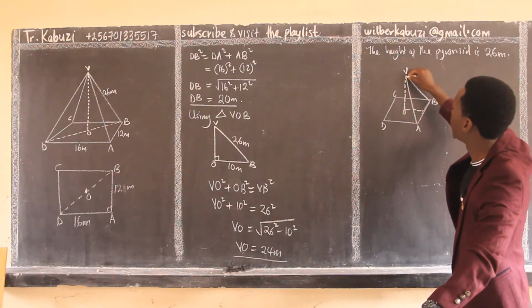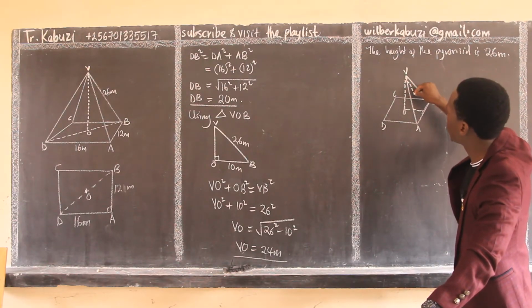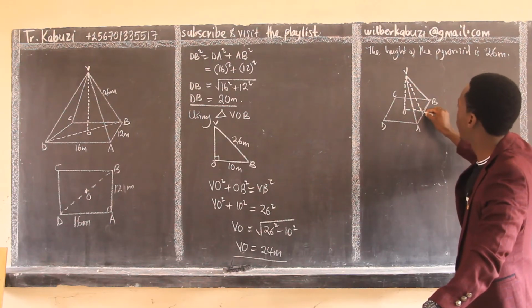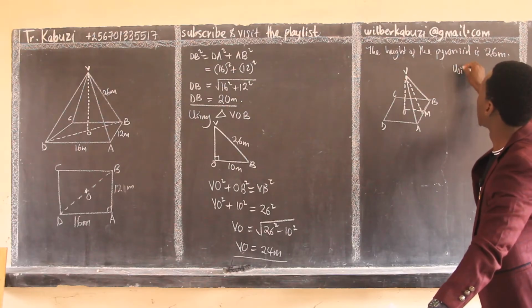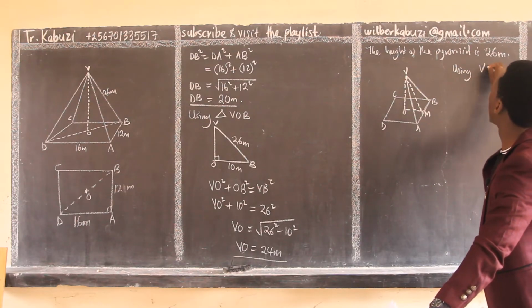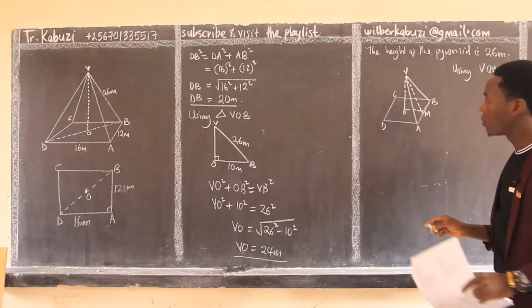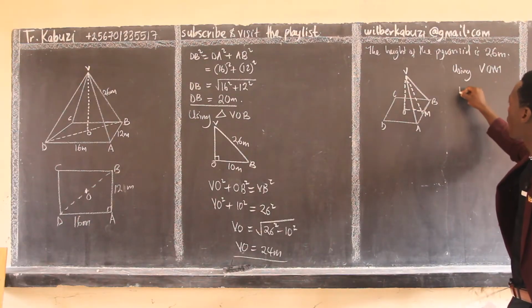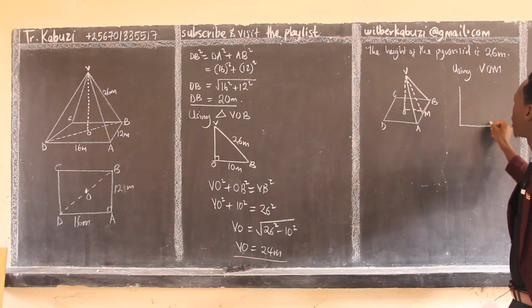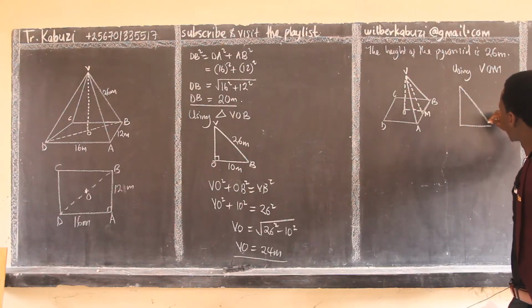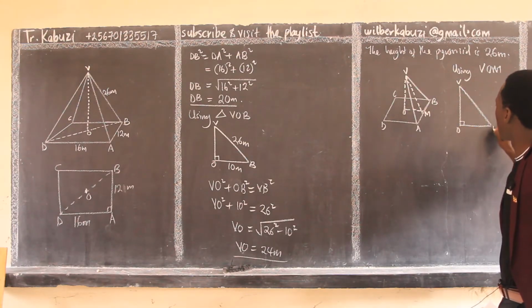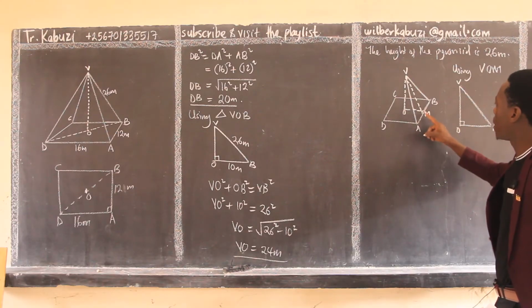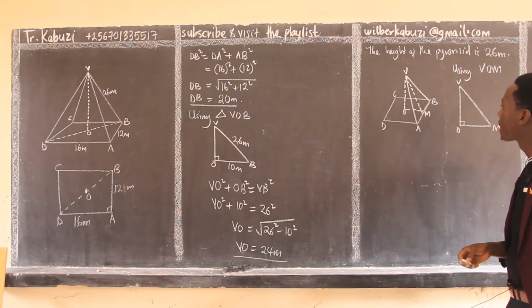Now if I extract out this triangle here, let me call this one M. Using VOM, if I put it here, it's going to be something like this. Remember, M is just the midpoint of AB.